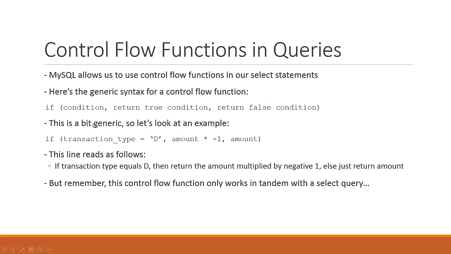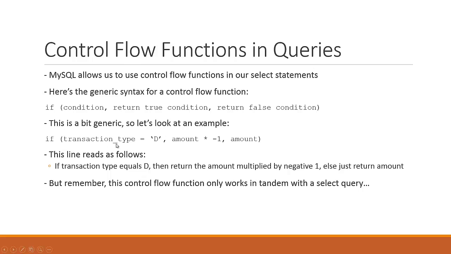It's a bit generic, it's a bit confusing, so let's look at exactly how we would implement this with our predicament. We can say IF transaction type equals D, so if the transaction type is of type debit, and this resolves to true, then we return amount times -1. What happens here is it's going to flip the amount to make it negative. Does that make sense?